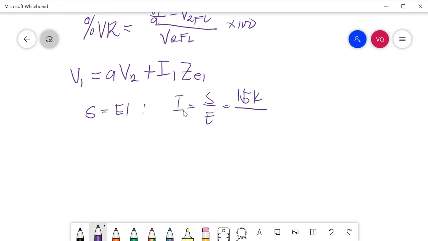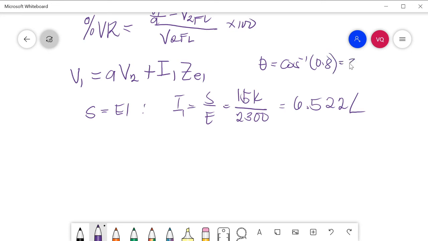Since this is primary current, so primary voltage 2300, that is equal to 6.522. The angle is, since this is a lagging power factor, our theta is the arc cosine of 0.8. That is 36.87. Lagging, so negative 36.87 degrees amperes.